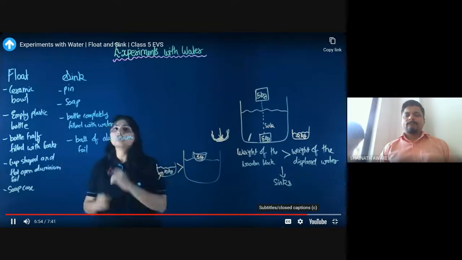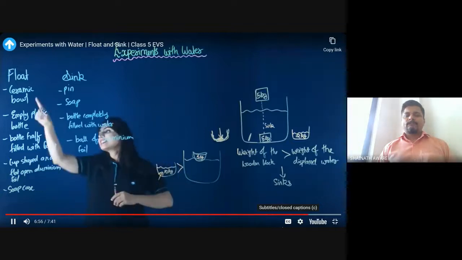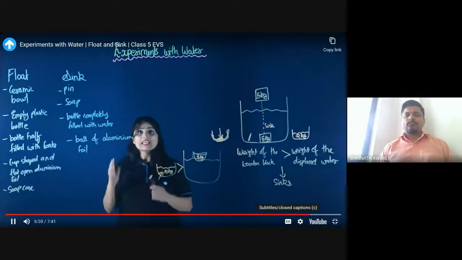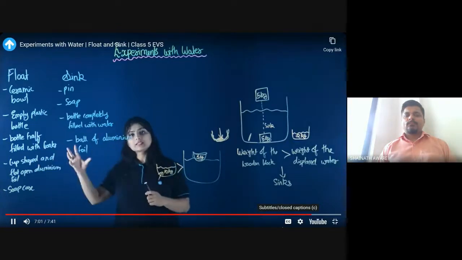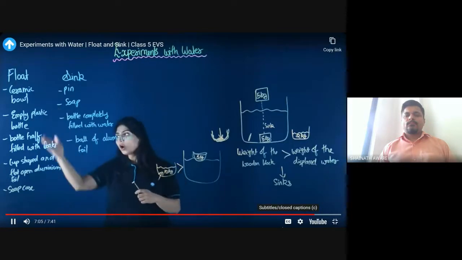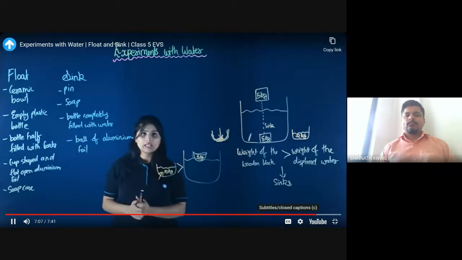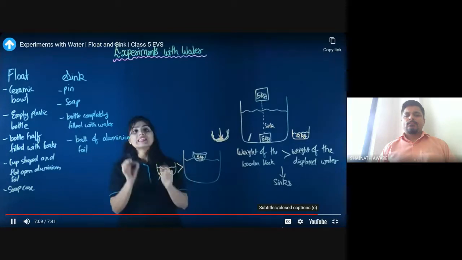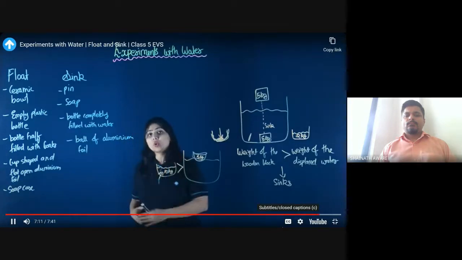The same goes for everything that floats. The amount of water these things have displaced has more mass, or you can say more weight, than the objects, due to which they are floating. I hope you are clear with the reason behind why things float and why things sink.